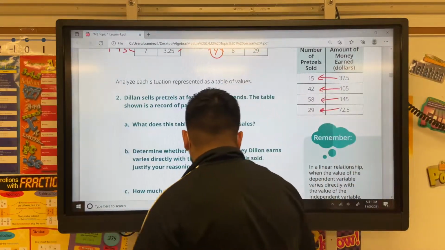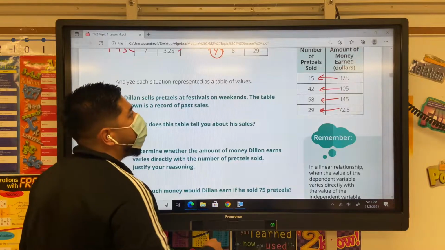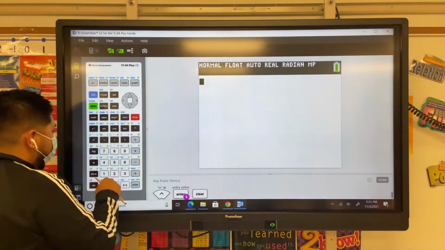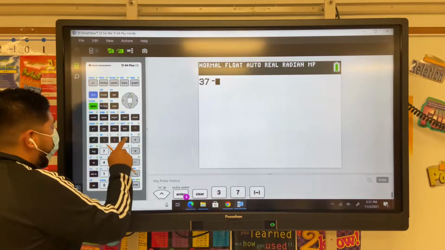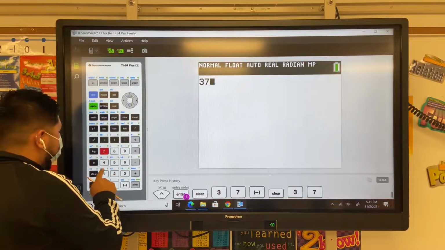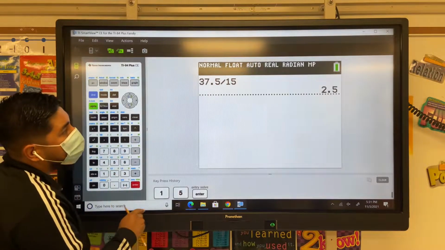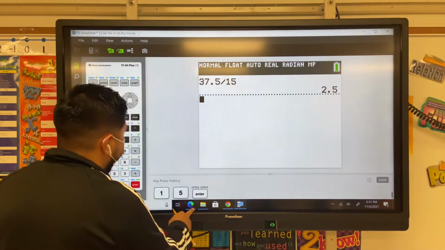Let's try. Let's do the first one. 37.50 divided by 15. That gives me 250.